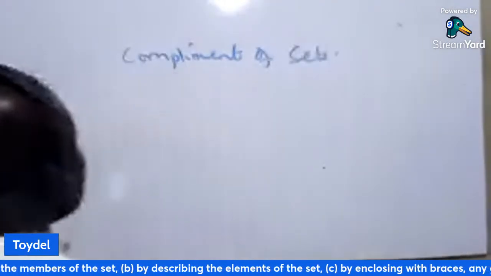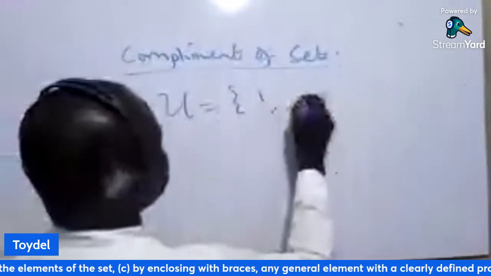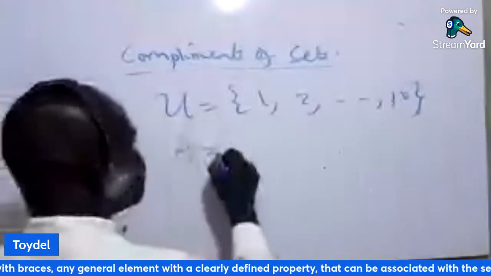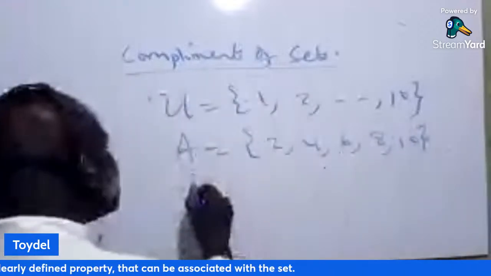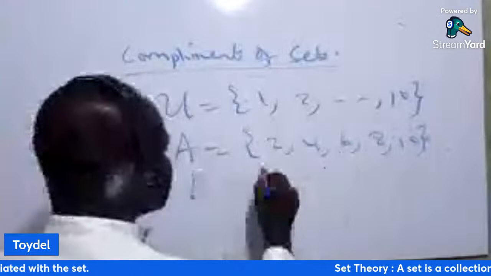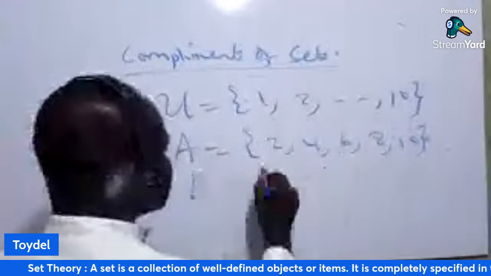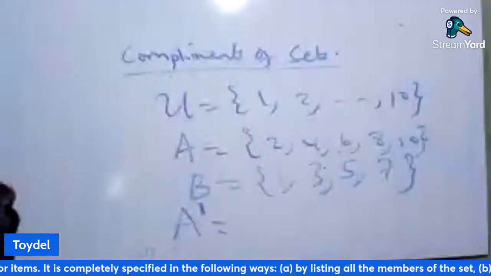Then we talk about the complement of sets. For instance, if you have a universal set, say from 1, 2 up to 10, and you have a set A, which is the evens 2, 4, 6, 8, 10, and you have set B. The elements that you have in the universal set that are not in A, that's the meaning of the complement of a set.